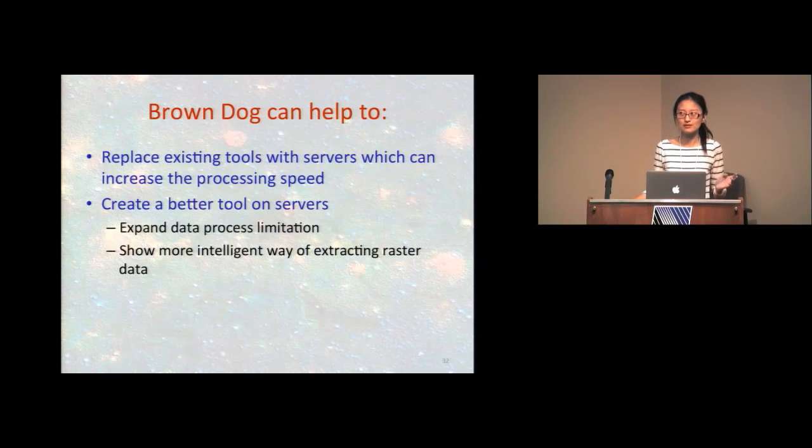Maybe Brown Dog may create more general tools for the public. So instead of going into very detailed use cases, it can give you a general idea, a general tool to let you know how to do your research.